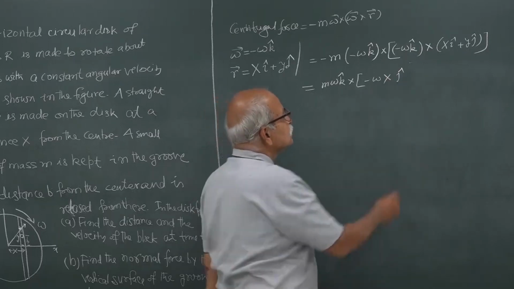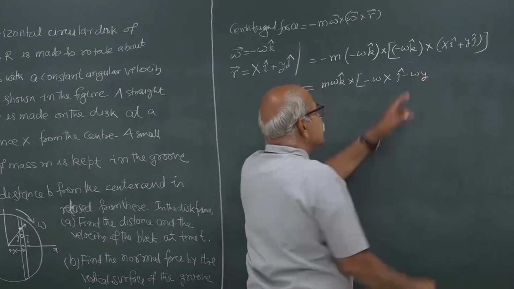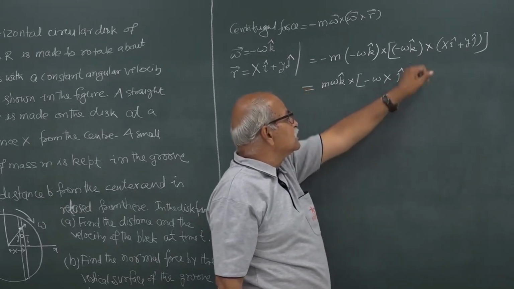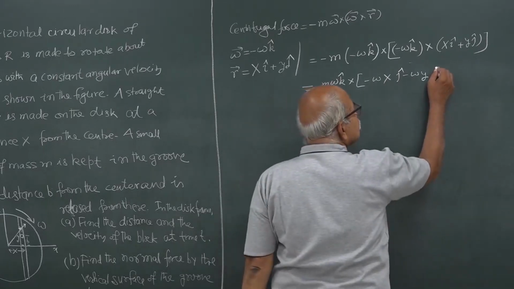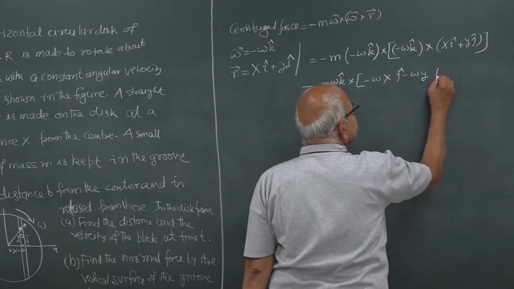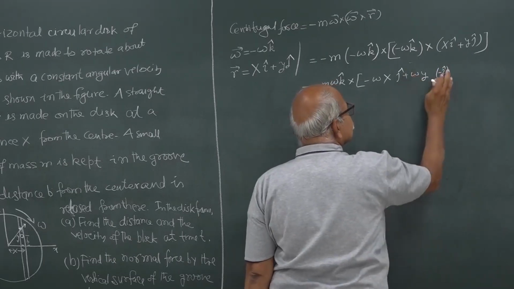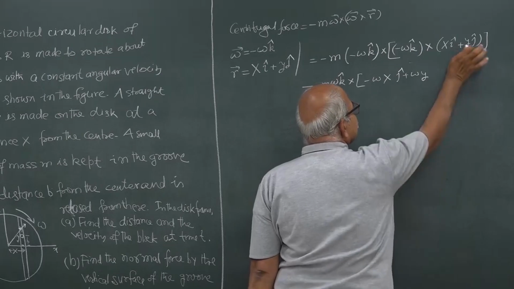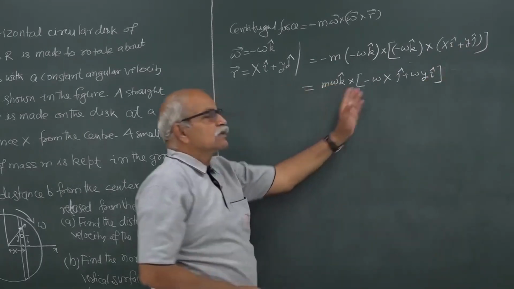So, it is this, then minus omega y and k cap cross j cap, k cap cross j cap is minus i cap. So, this is minus i cap. So, you can make it plus here, i cap times i cap here, and then do this cross product.